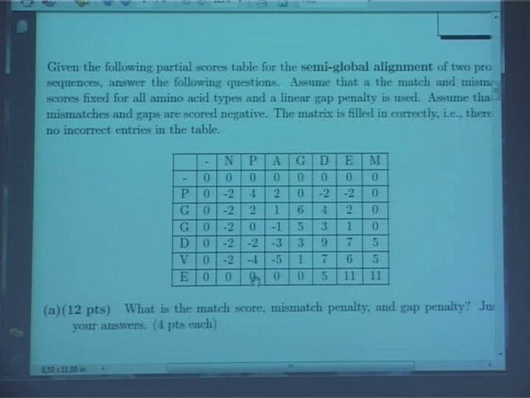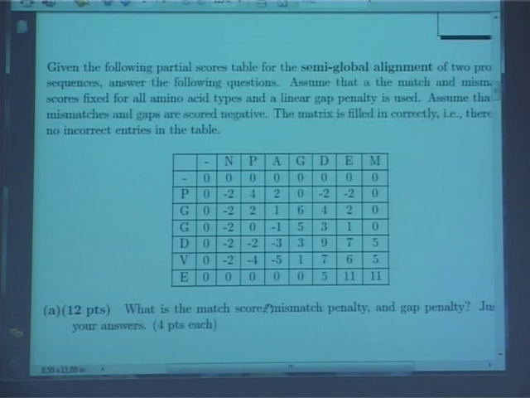We can freely move from left to right without incurring any gap penalty, or freely move from top to bottom without a gap penalty. That's because the last column, the first column, the first row, and the last row correspond to terminal gaps.